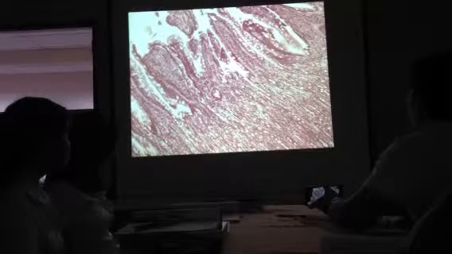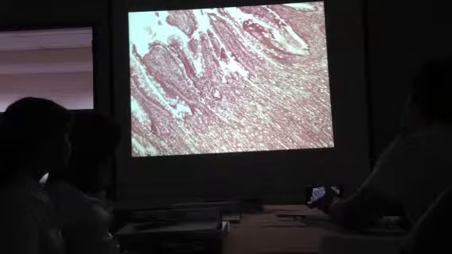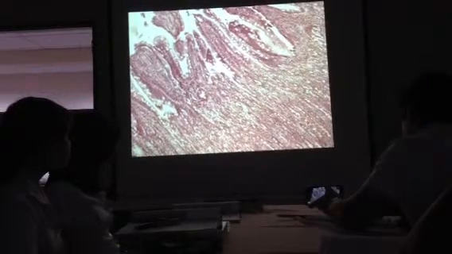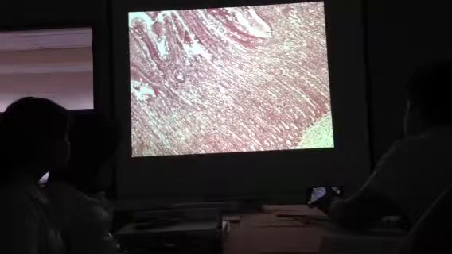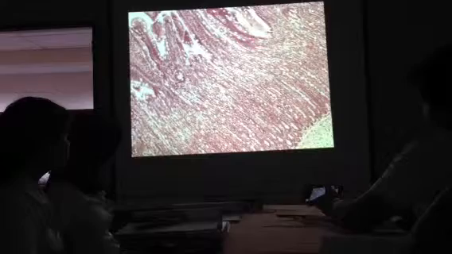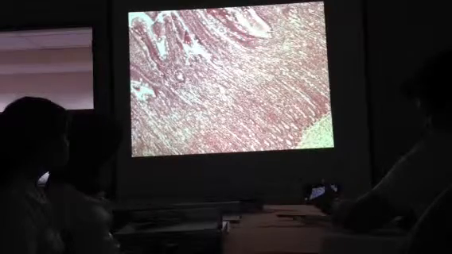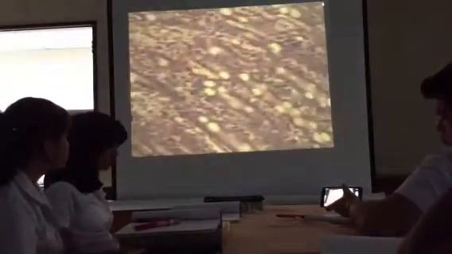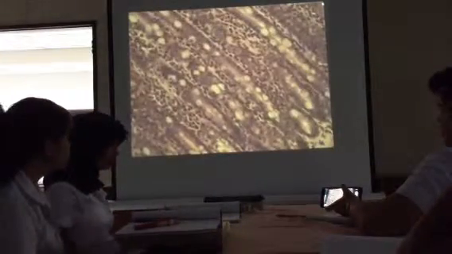Simple columnar. And then the epithelium invaginates to form the very elongated, simple tubular glands. What is the other name of the small intestinal glands? Crypts of Lieberkühn.